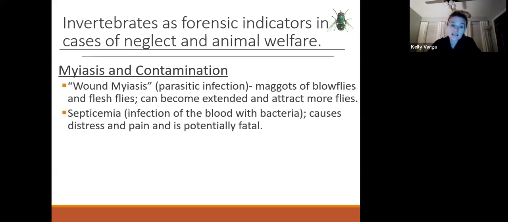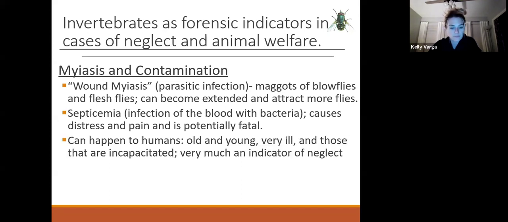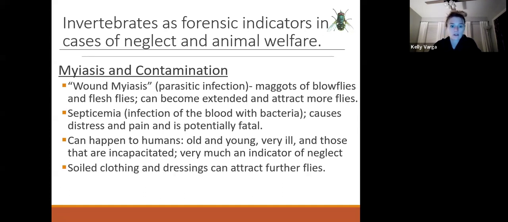This can lead to things like septicemia, which is an infection of the blood with bacteria, because some of these flies are also vectors. This can cause distress and pain, and can potentially be fatal, not only to us, the human animal, but also to other animals. It can absolutely happen to anybody, old and young, ill, incapacitated, or bedridden, and can be utilized as an indicator of neglect.